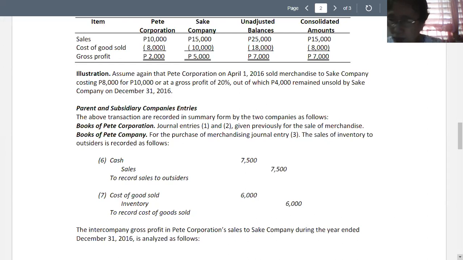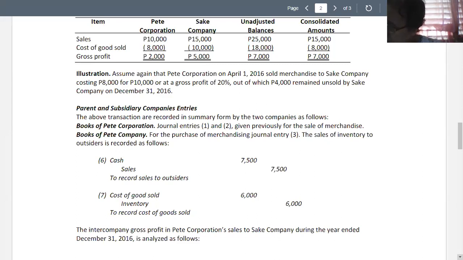Now, the question is, what do we refer to when we talk about the inventory of 4,000 at the end of the year? Is the 4,000 inventory referring to the 8,000 or to the 10,000 with a gross profit of 20%?